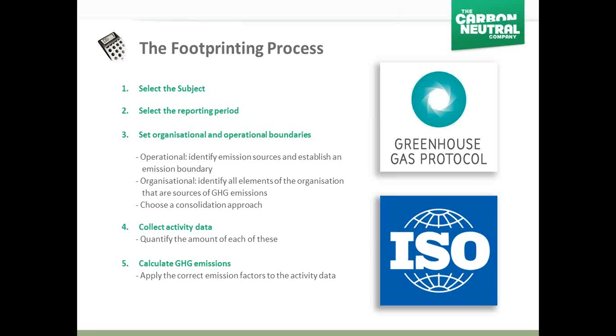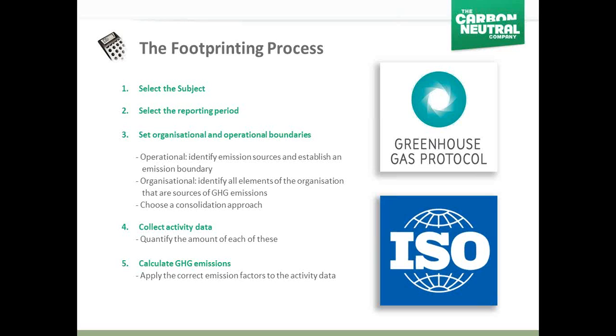Setting your boundaries correctly is very important, and there are a number of complexities surrounding it with regard to how it determines which emissions will fall into Scope 1 and which will fall into Scope 3. So it's also important to make a good decision for reporting purposes, because it's best to maintain a consistent approach for the years to come.